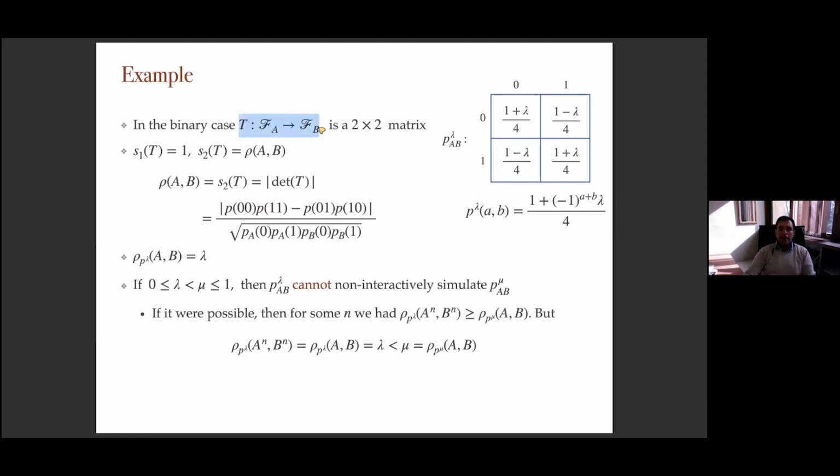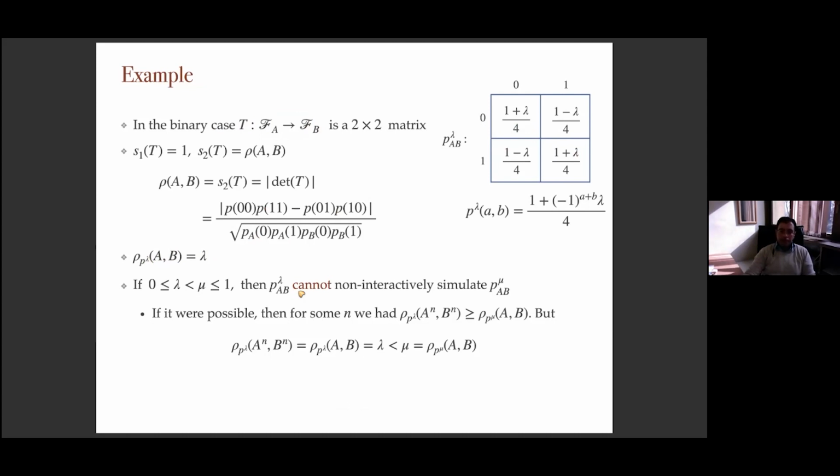I mean, the expression for T for this choice of distribution would be easy to write, to see what the map T does, and then compute its singular values and so on. So, anyways, the maximum correlation of P lambda is just lambda.